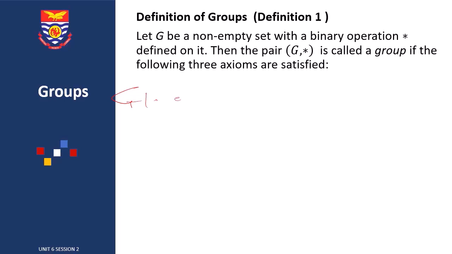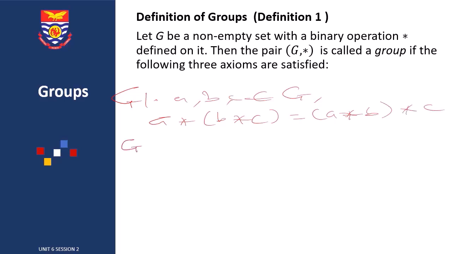If A, B, and C are members of G, then A star B star C equals A star B star C, with the grouping moved, and we say the operation is associative.